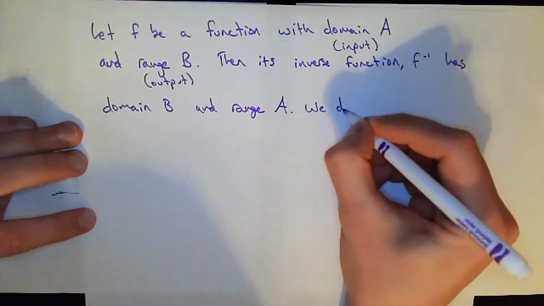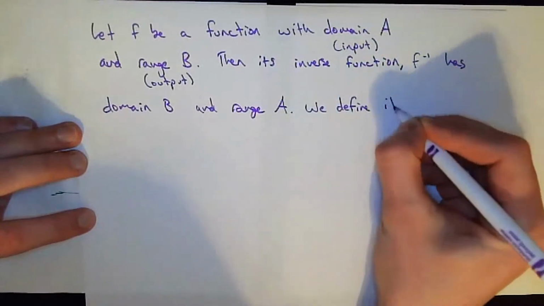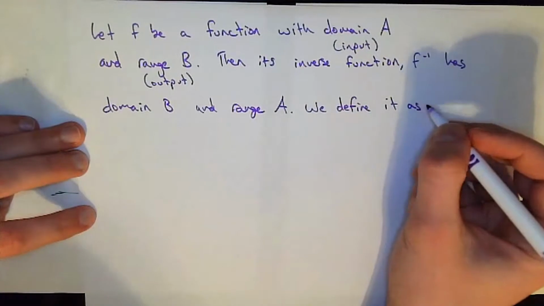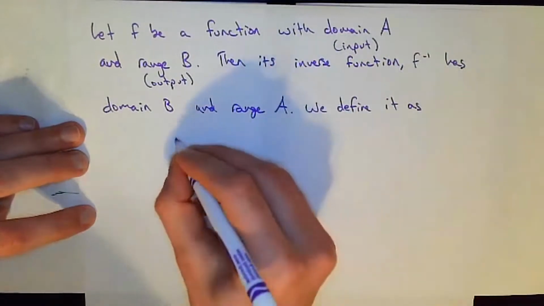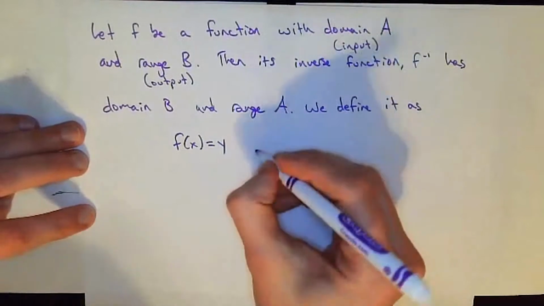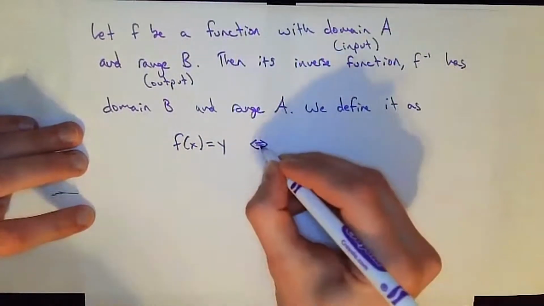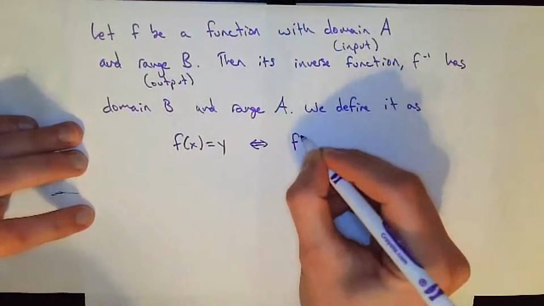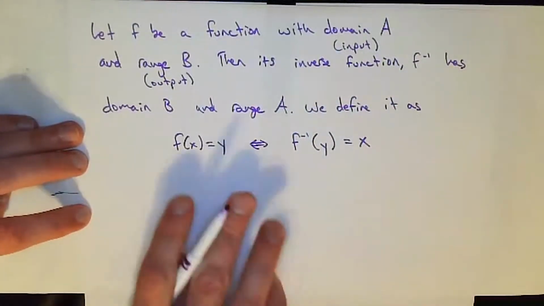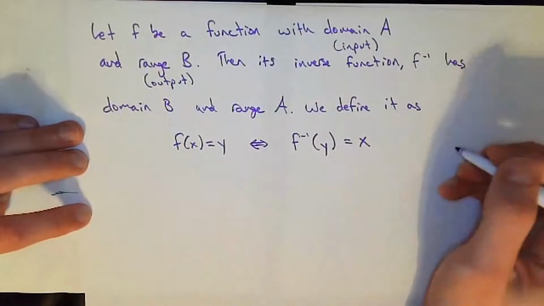We define it by: if you have f of x equals y, so some input x for some output y, that can be inverted to give this relationship. F inverse of that output yields that input. It flips them, right?